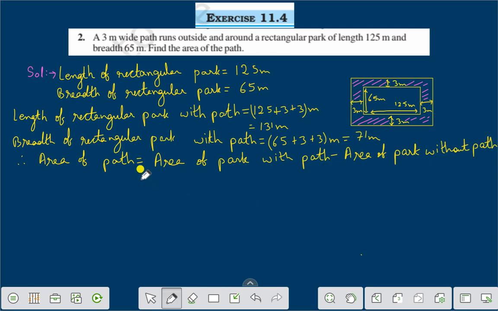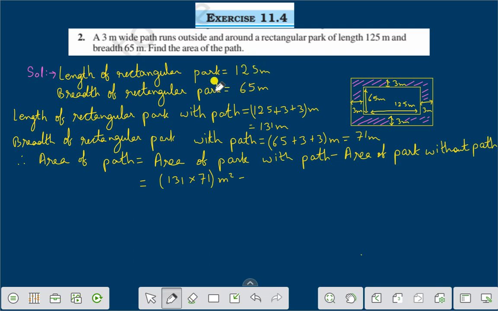So here we find that area of park with path, the length of rectangular park with path is 131 and breadth of rectangular park with path is 71 meter. Therefore, the area will be length into breadth, that is 131 into 71 meter square, minus area of park without path, means this one.